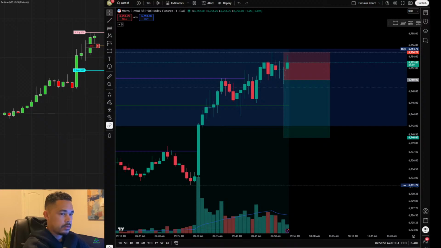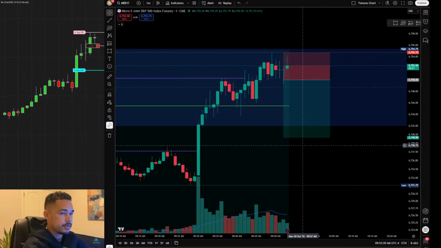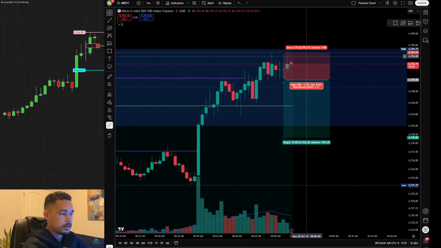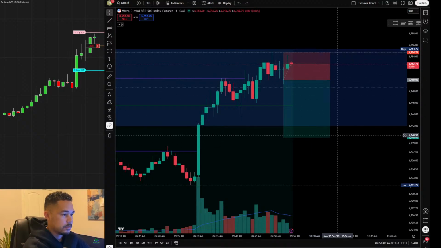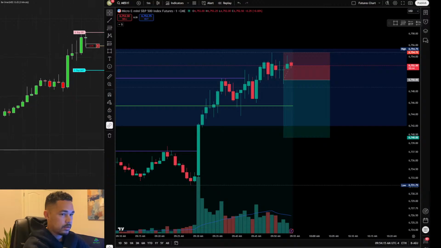Yeah, I was a little impulsive on that one. What I like to see is confirmation and then a retracement. I don't like trying to time the point of reversal. So let's see how it plays out. Not really expecting too much at this point.